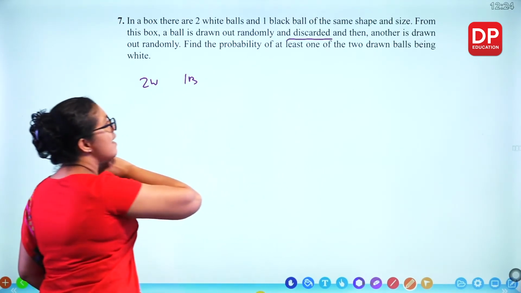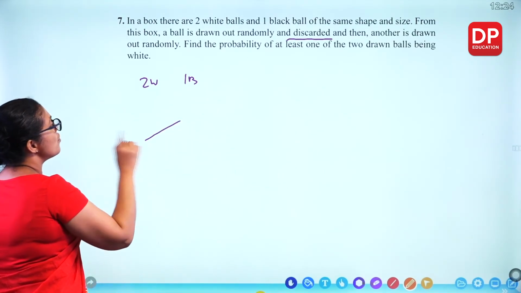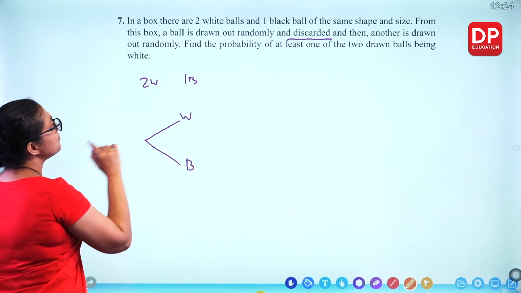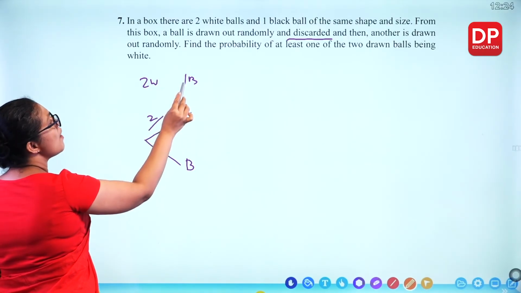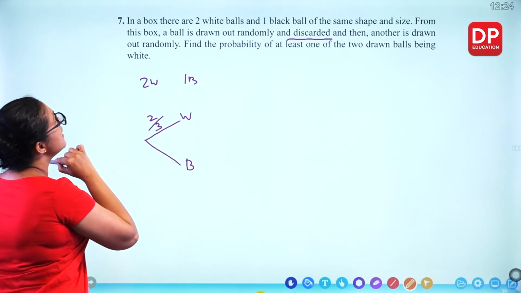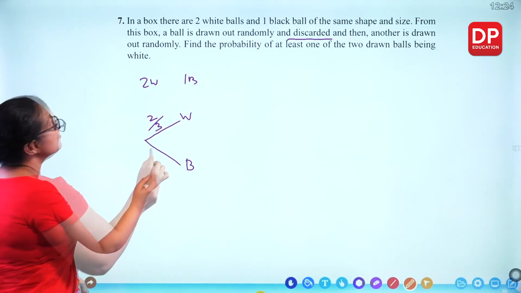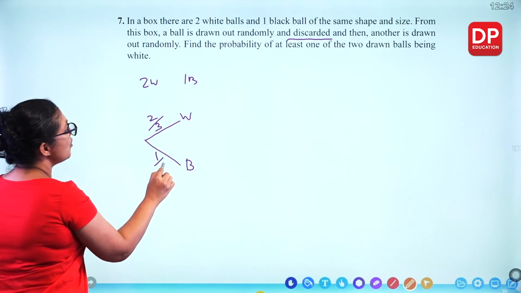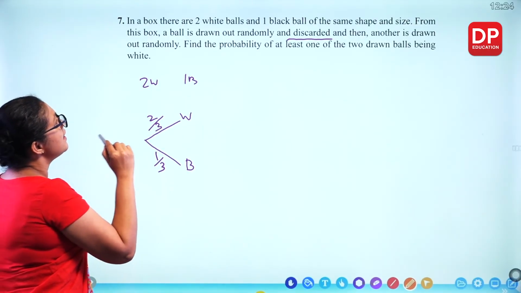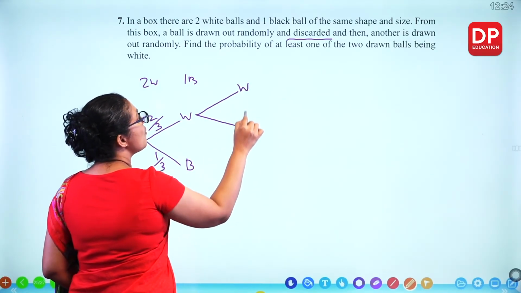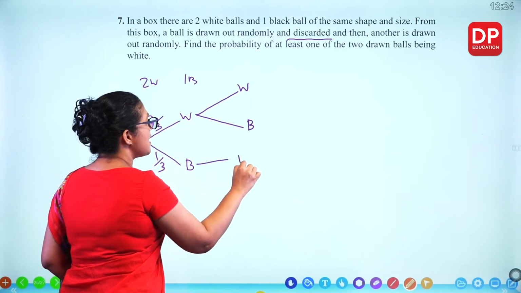When you take the first branch, 2 whites are there, 1 black, means altogether 3 balls are there. So what's the probability of getting the black one? 1/3.